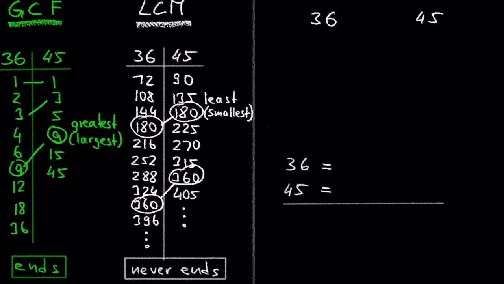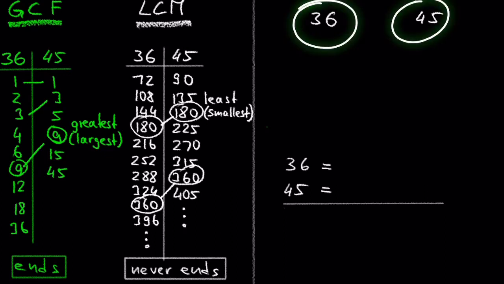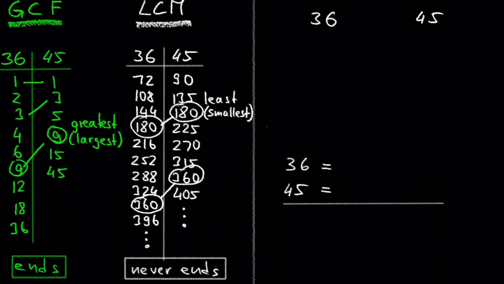Let's find the greatest common factor and the least common multiple of 36 and 45 using prime factorization. The first step is to find the prime factors of 36 and 45 with a factor tree.